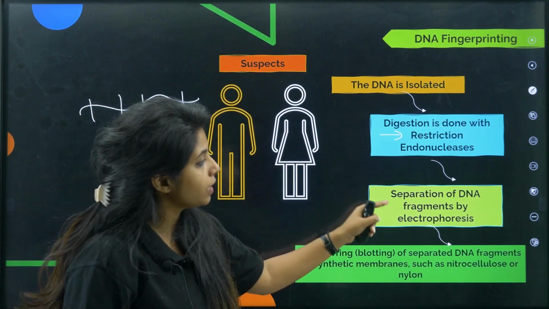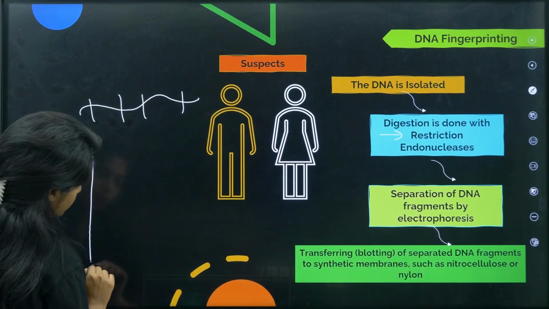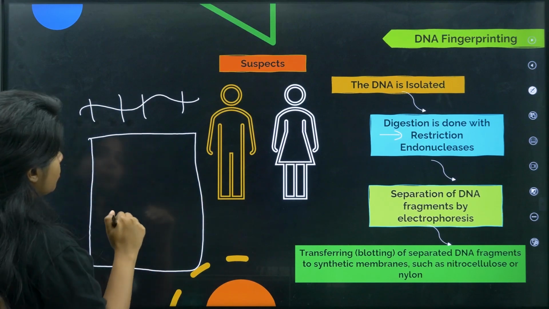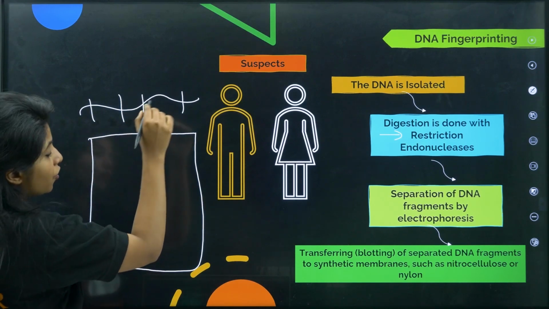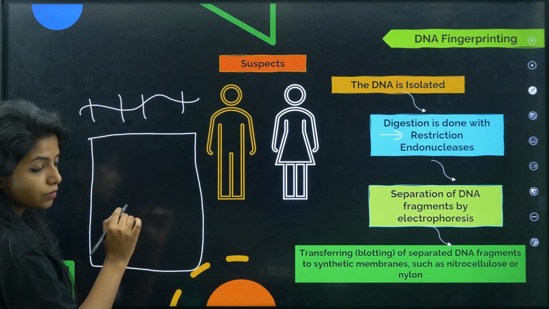Now, separation of DNA fragments by electrophoresis. After cutting the DNA at specific spots, I am going to run their fragments on gel electrophoresis.